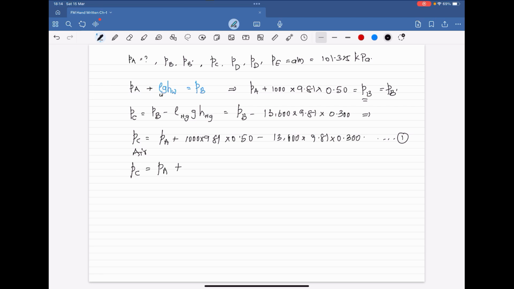Now try to understand the concepts clearly. 1000 into 9.81 into 0.5, that is 4905, minus 13,600 into 9.81 into 0.3, that is 40025.